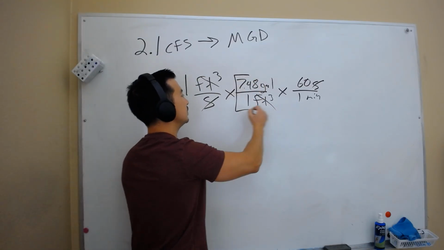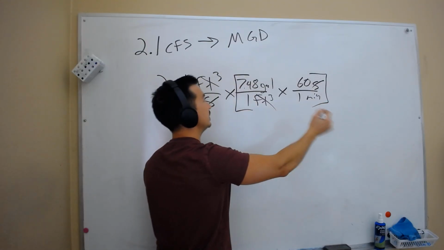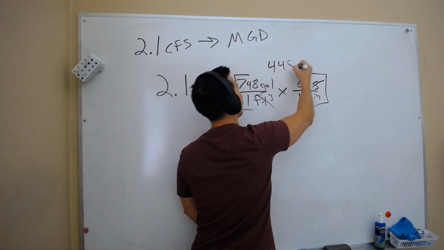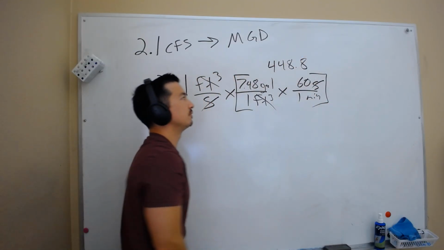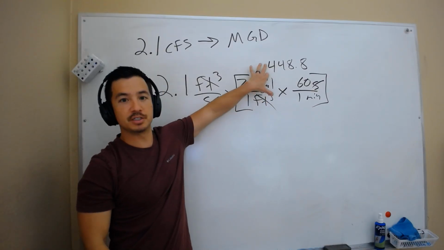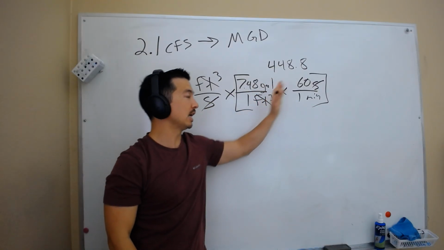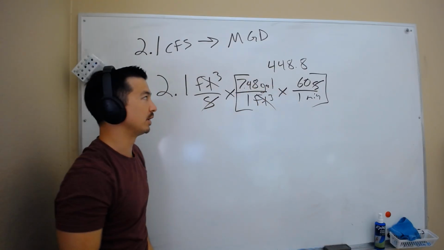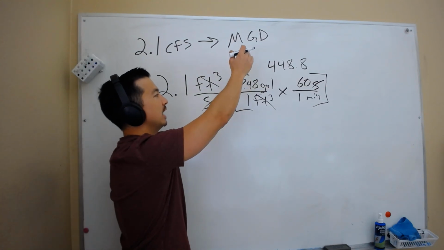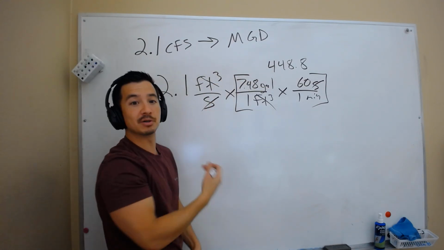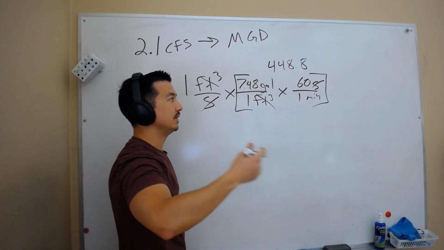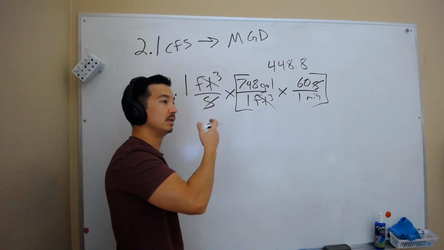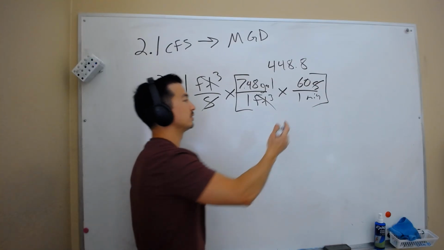Some of you are going to end up using the shortcut to go from CFS to GPM. Again, that's 448.8. I have a whole other video on that. This essentially is the same thing, right? 7.48 times 60 gets me that 448.8. But this is now going to give me gallons per minute. I actually want to go to days. Now on the formula sheet here, it also tells me how to go from seconds, hours, minutes, days, has all those time increments.